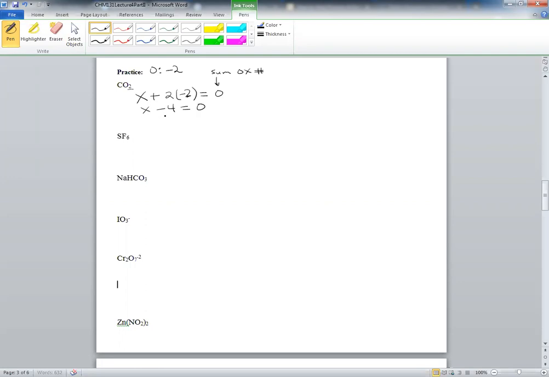And of course, you're solving for X, so it's going to be a +4. So X is equal to +4, and that would be the oxidation number on carbon, of C. So we know now that C is a +4, and of course, oxygen is a -2, but we have 2 of them, so that's why it sums to 0.